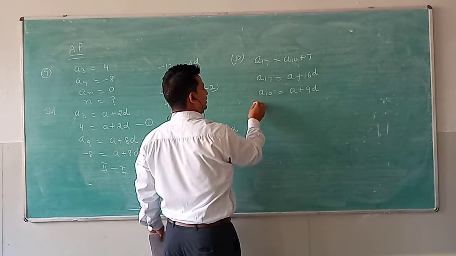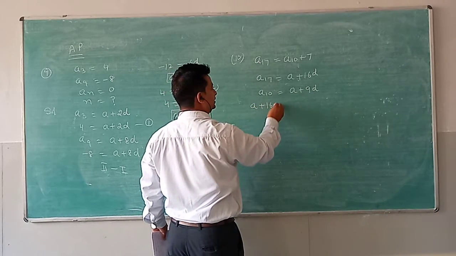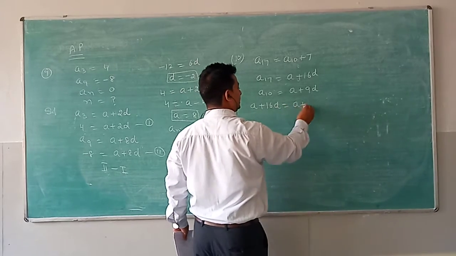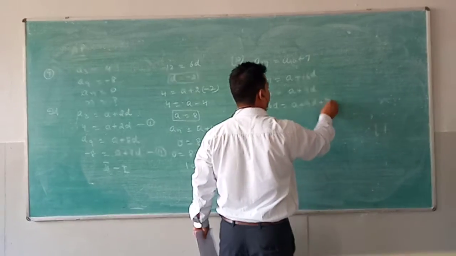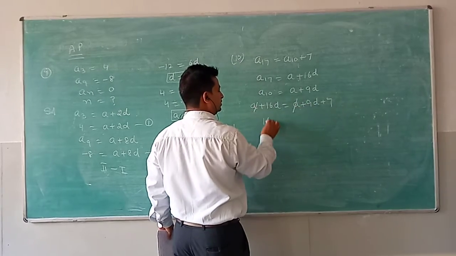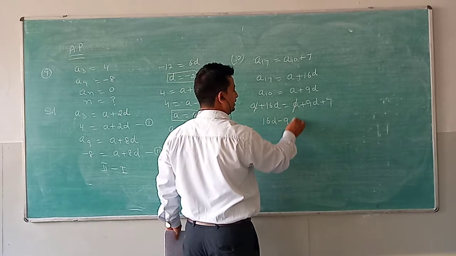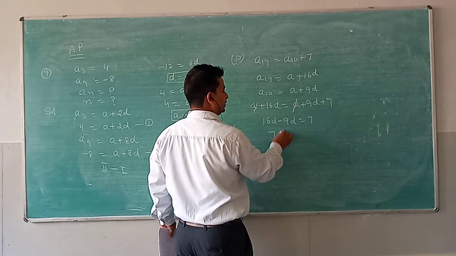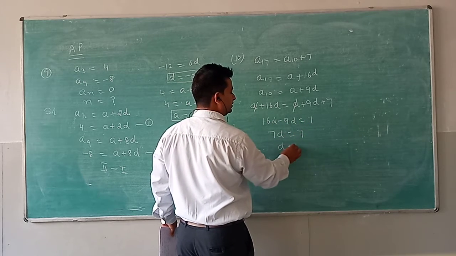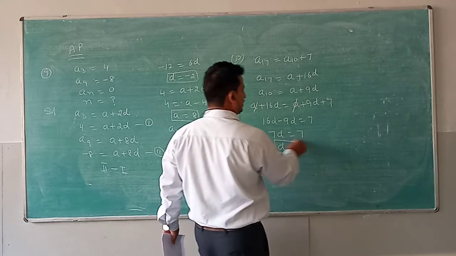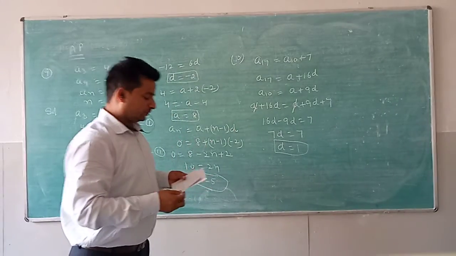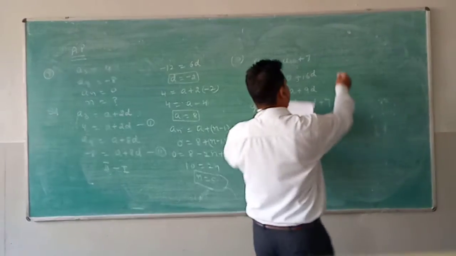So a plus 16d equals a plus 9d plus 7. This a cancels out. 16d minus 9d equals 7, so 7d equals 7, d equals 1. This means the common difference of this AP is 1.